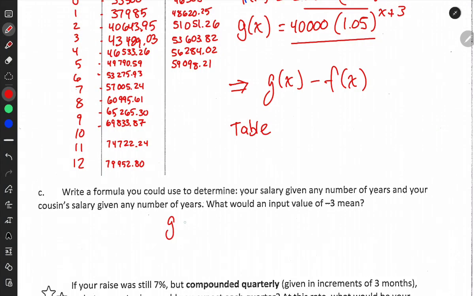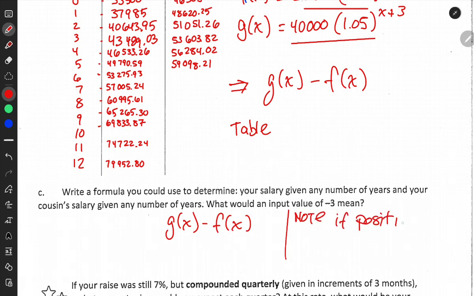So I would say, look, a combined formula given f of x and g of x would look like this: g of x minus f of x. And if this is producing, I'll just put a little note here. If this is a positive number, I can do better than that. I can say something more mathematical. I can say if this is greater than 0, then your cousin makes more.